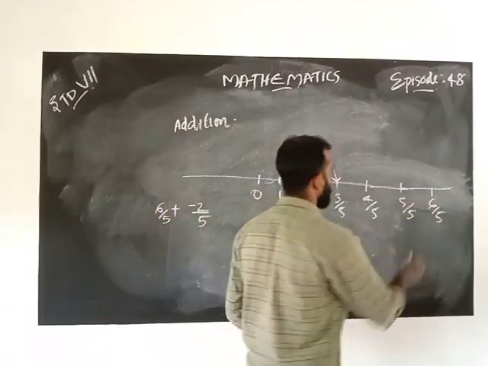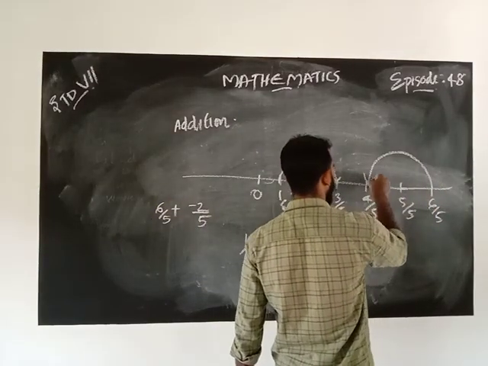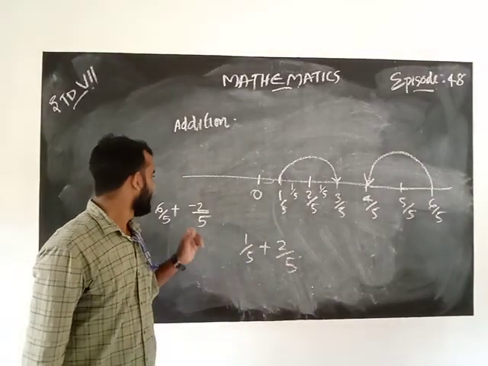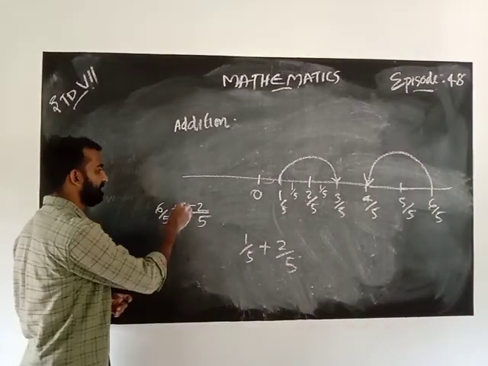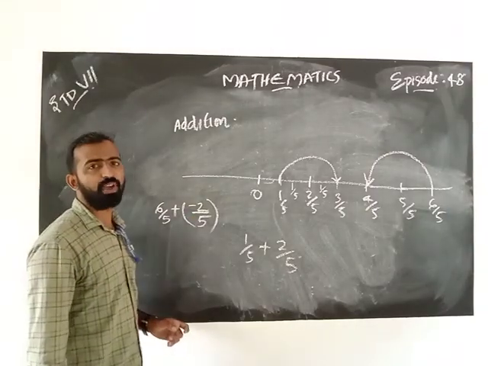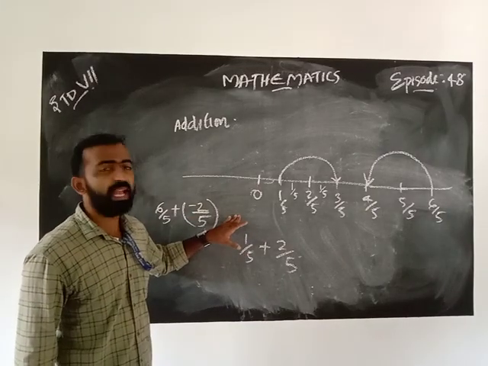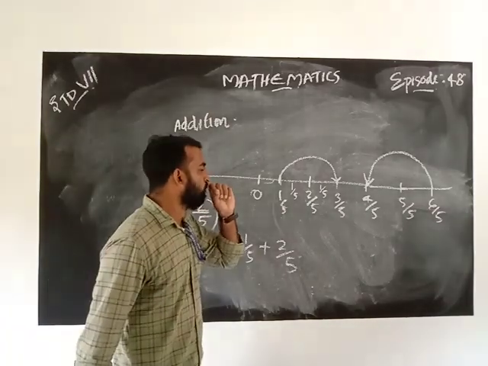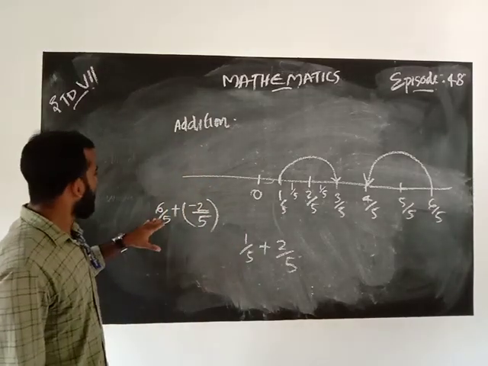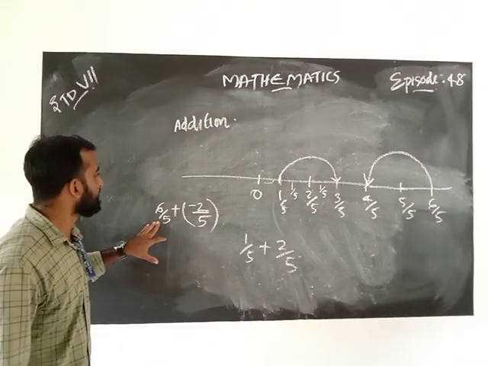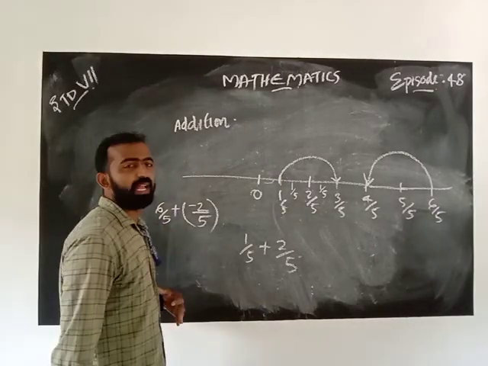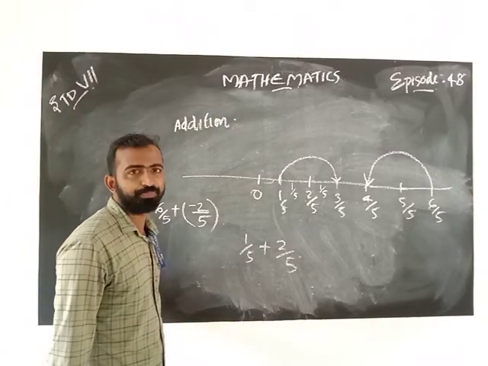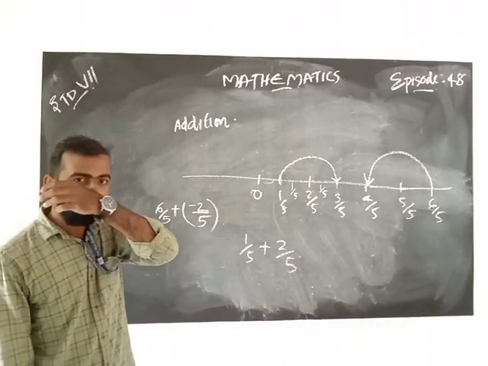We get 4 by 5. Negative 2 by 5 is a negative rational number. So 6 by 5 plus negative 2 by 5 gives us the answer 4 by 5.